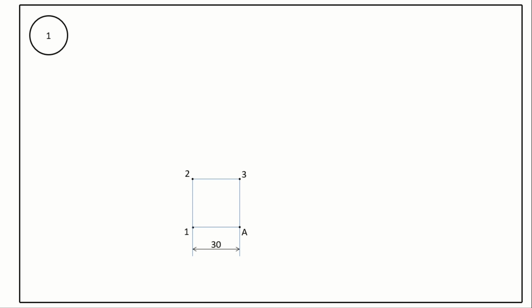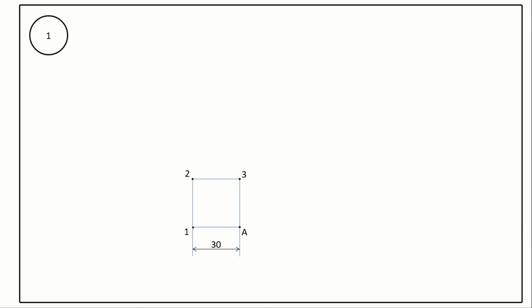Now the total length of the sides of the square A1, 12, 23, 3A is equal to 30 plus 30 plus 30 plus 30 equal to 120 mm. So, the total length of the four sides of a square is 30 into 4 sides, equal to 120 mm.